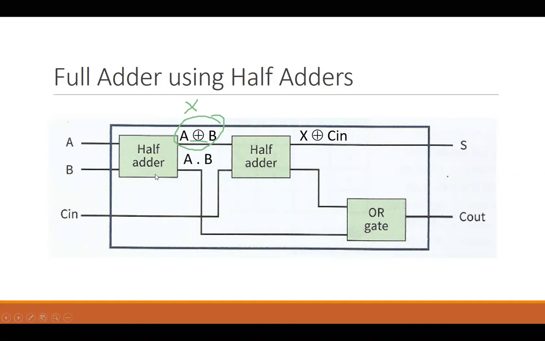Now, if that's clear, let's move on to the carry bit part. The carry bit of the first half adder circuit, as we have established in the previous slides, is A dot B. Now, this A dot B has to be added into the OR gate here. But the next half adder takes X as an input, so its carry is going to become X dot C in.